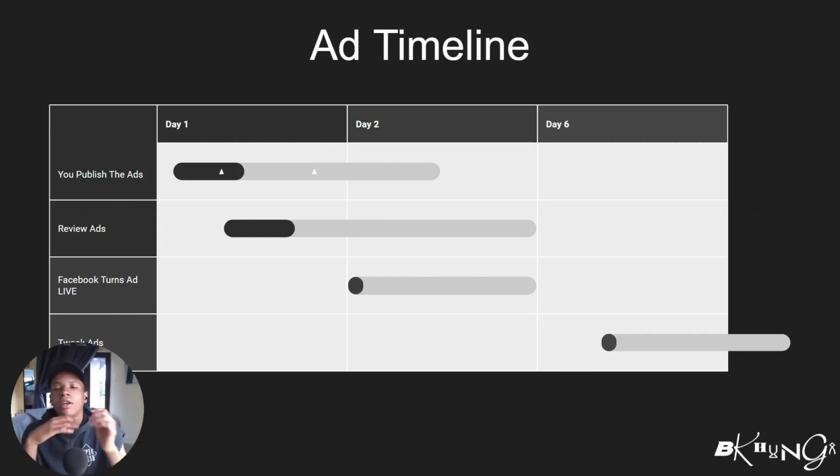And only after 72 hours do you go back onto Facebook and tweak your ads. Only after 72 hours. I see people whose ads were turned live an hour ago staring at their screen hoping a lead will come in. But the truth is, you just got to give it like 72 hours. If you're really impatient, give it 48 hours, right? Just to see what happens and what's coming in.